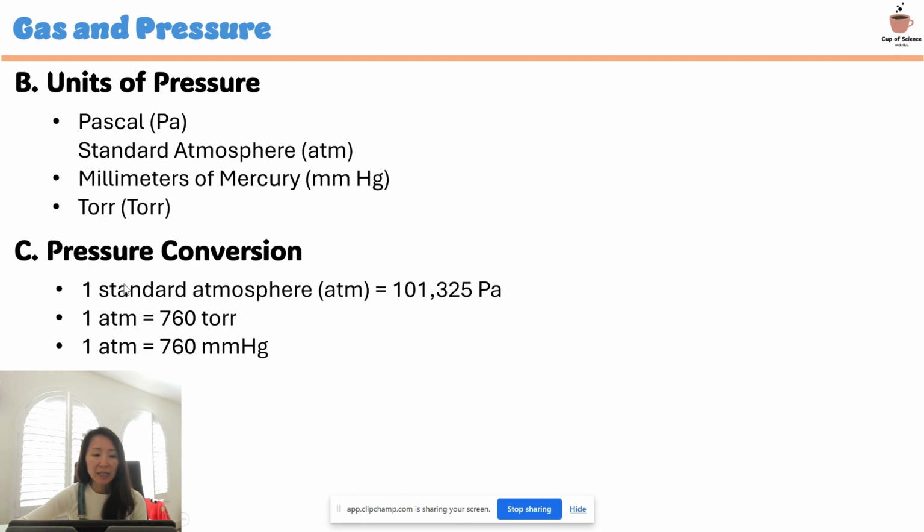Now, this standard atmosphere, 1 ATM, what does it mean? It means the pressure of the atmosphere at sea level. So I live at sea level, not in the mountains. I actually live close to the beach, in an area you would consider to be sea level.